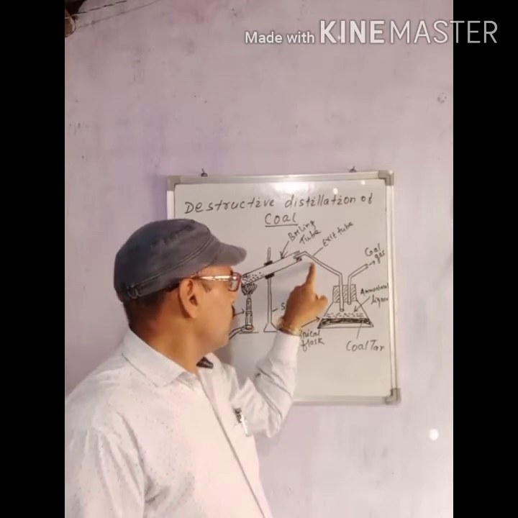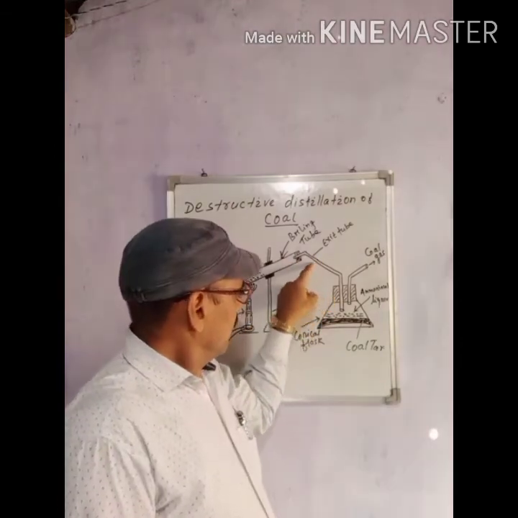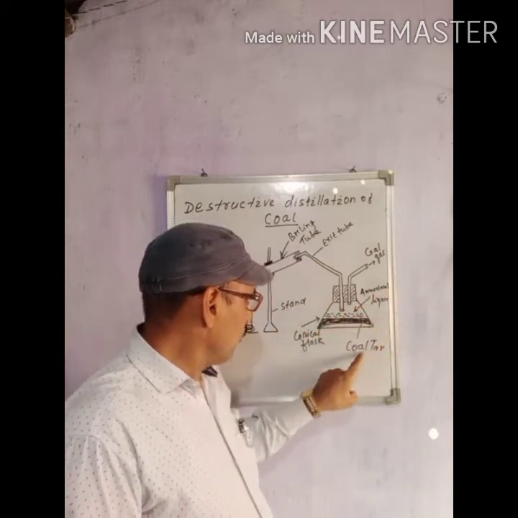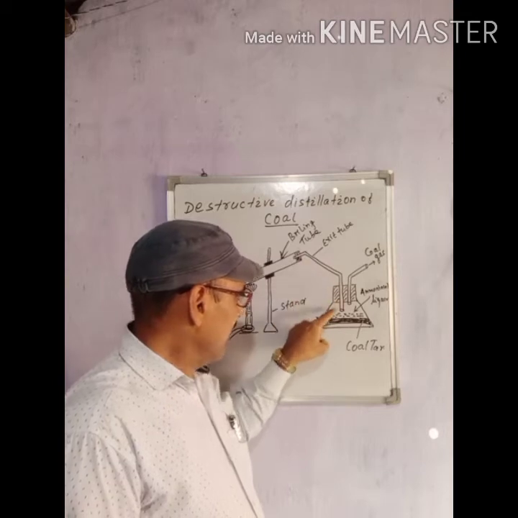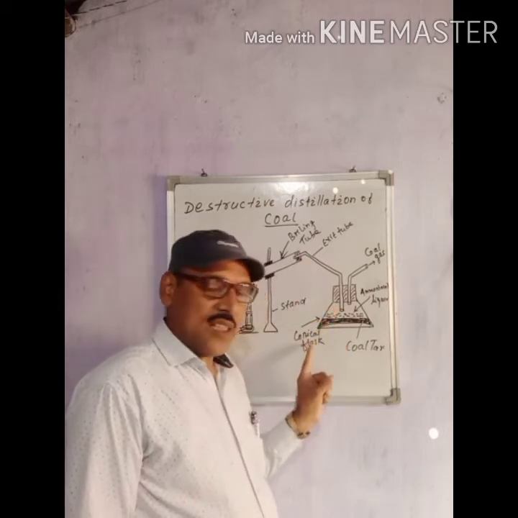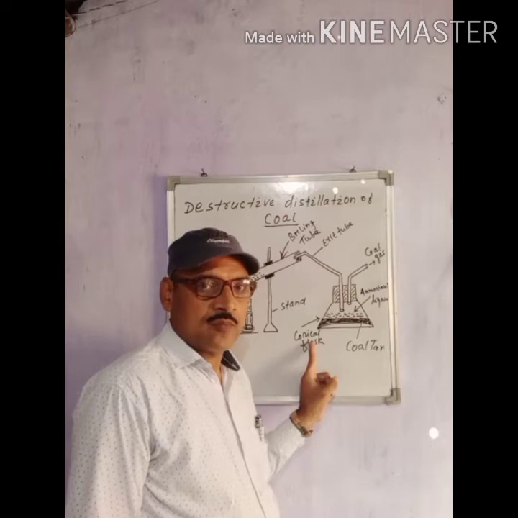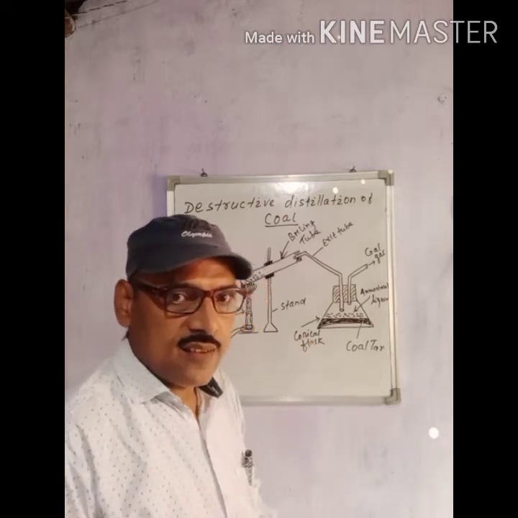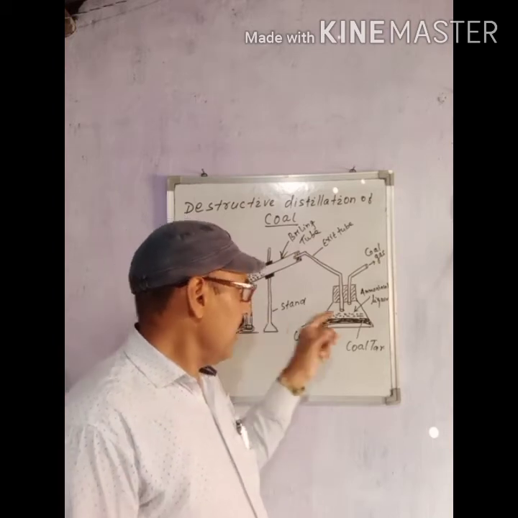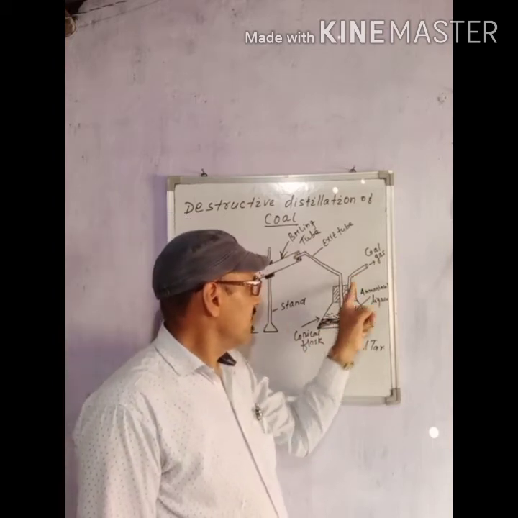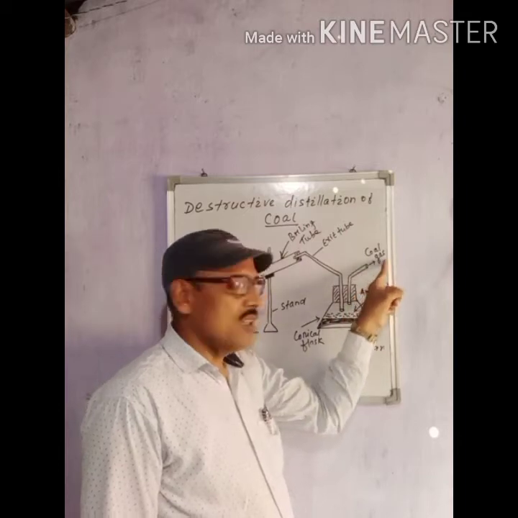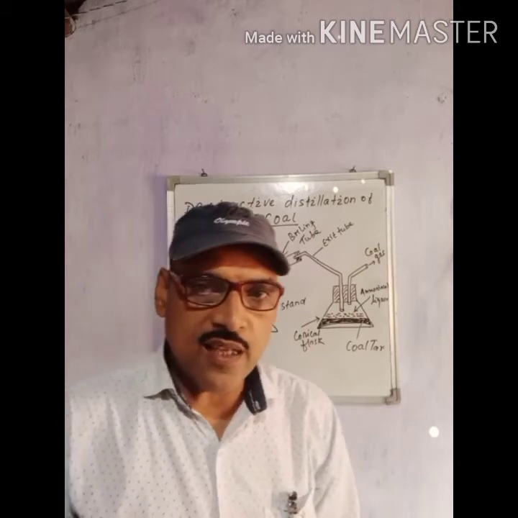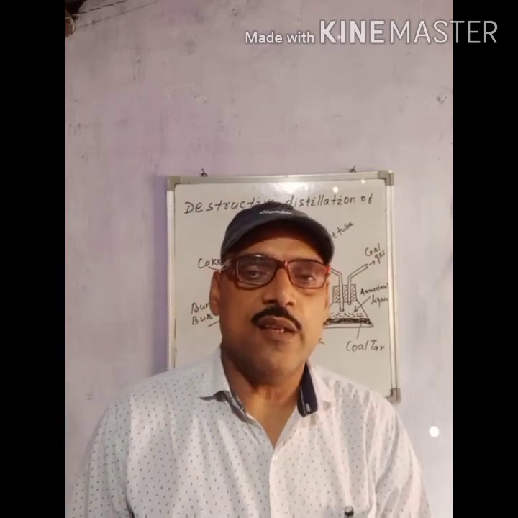Through this exit tube, coal gas, ammoniacal liquid and coal tar get collected in the conical flask. But since coal gas is a gas, it will escape through this exit tube and can be collected in a gas jar or in a cylinder.